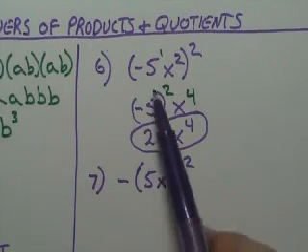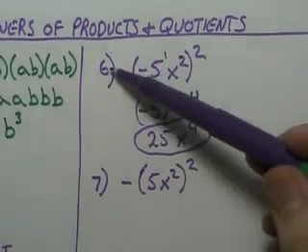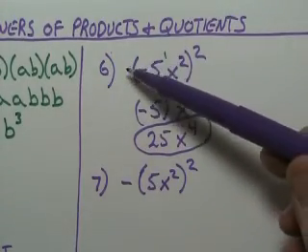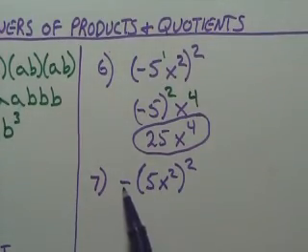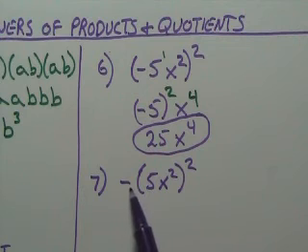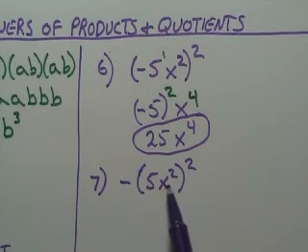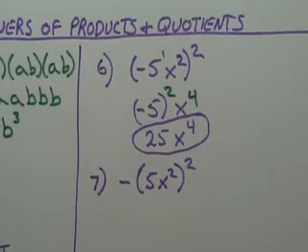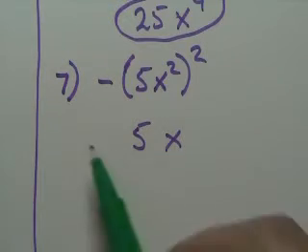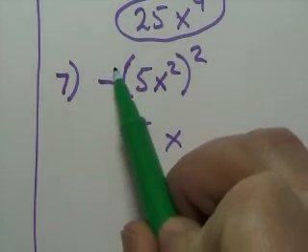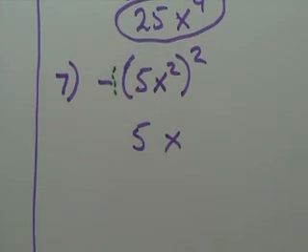Now number 7 is just like number 6, except that the negative is on the outside. So the square is not for the negative. It's just for the 5x squared. If you'd like to, you can think of this as being negative 1. Now let's look at the exponents.